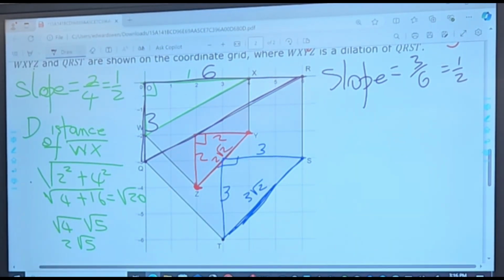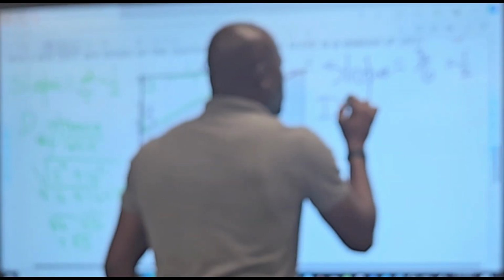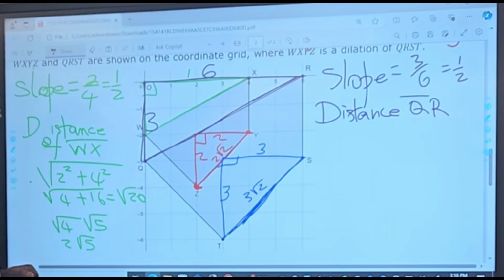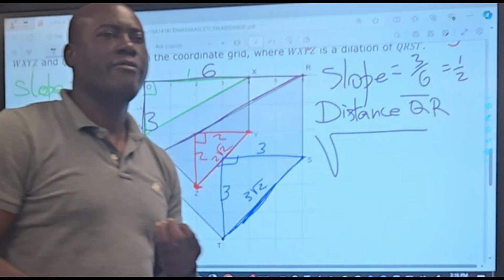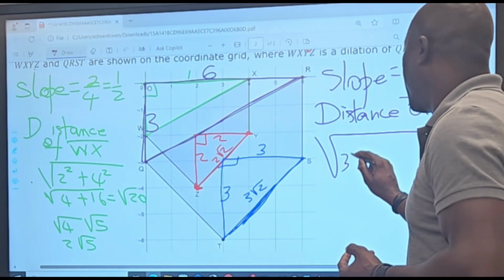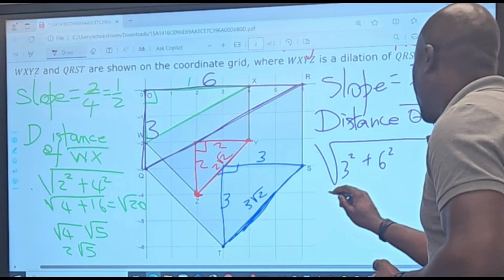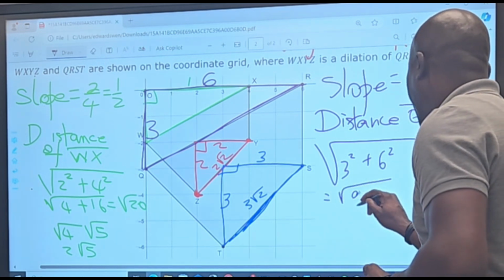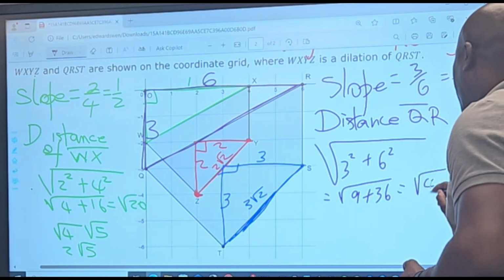And then for the distance from Q to R, so the distance QR is going to be what? Square root of those same numbers from the slope. So it's square root of 3 square plus 6 square, and that's going to give us square root of 9 plus 36, which is square root of 45.